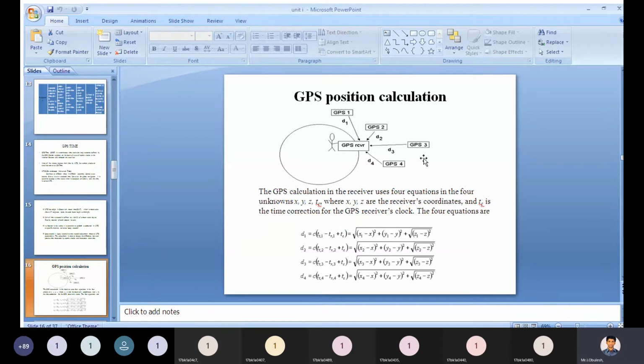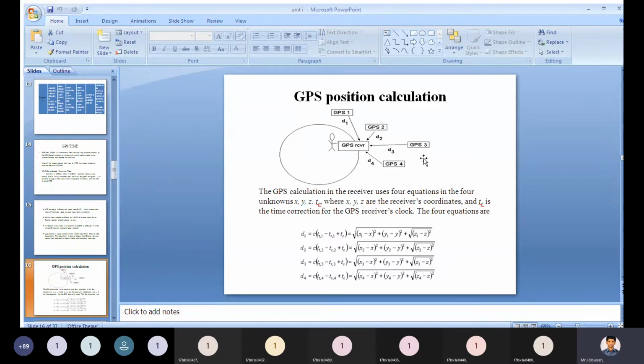Here we have the 4 equations for D1, D2, D3, D4. D1 is equal to the square root of (x1 minus x)^2 plus (y1 minus y)^2 plus (z1 minus z)^2. For D2 also the same: (x2 minus x)^2 plus (y2 minus y)^2 plus (z2 minus z)^2.